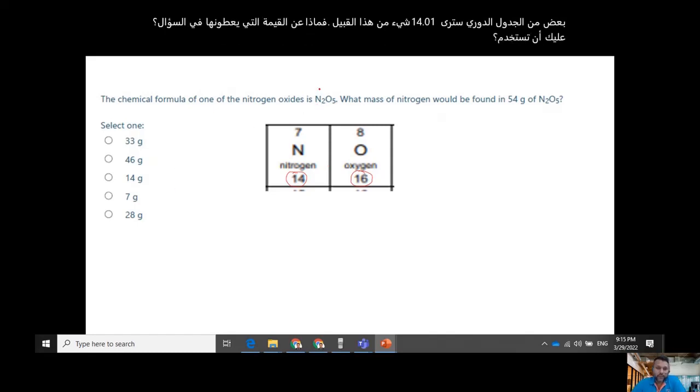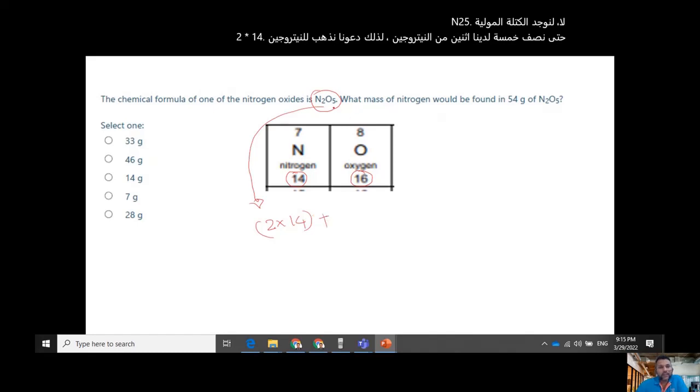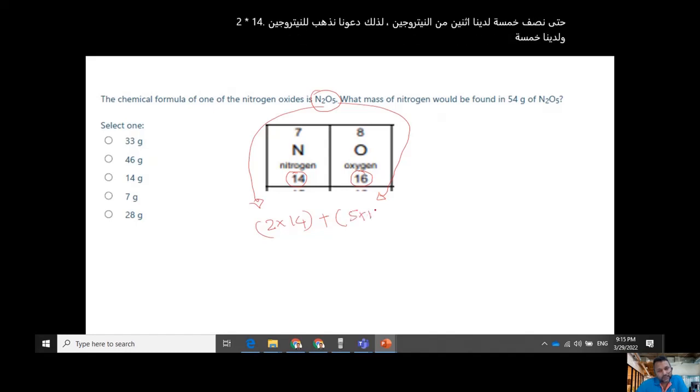Now, let's find the molar mass of N2O5. In N2O5, we have 2 nitrogen. So let's go for nitrogen, 2 times 14. And we have 5 oxygen. So oxygen we can do 5 times 16.